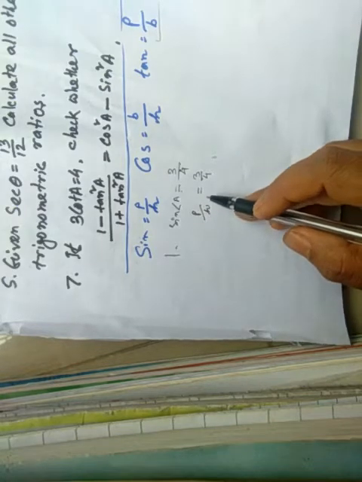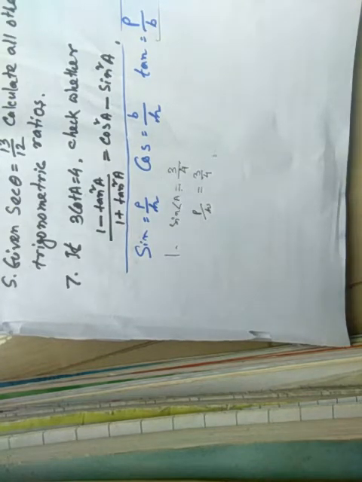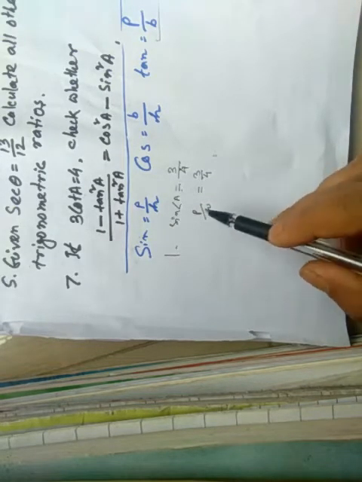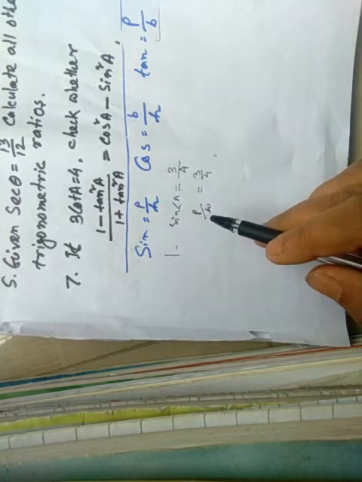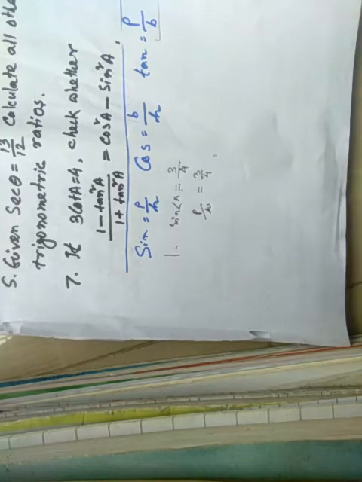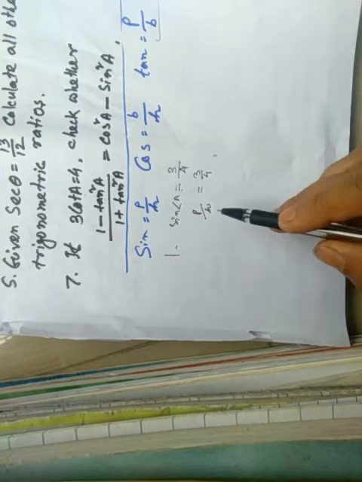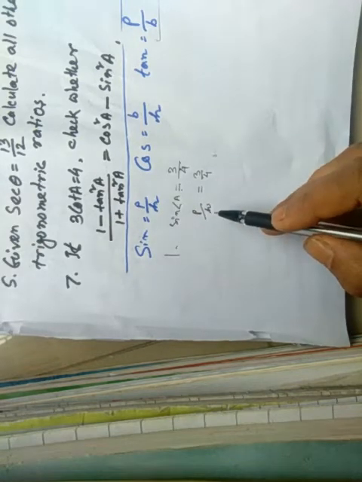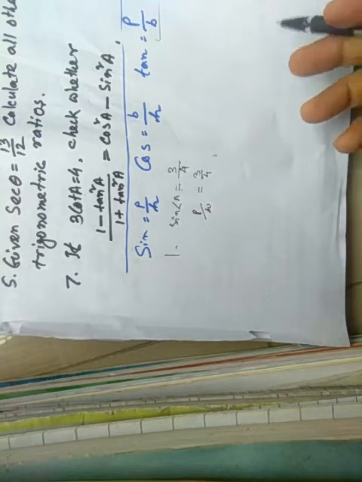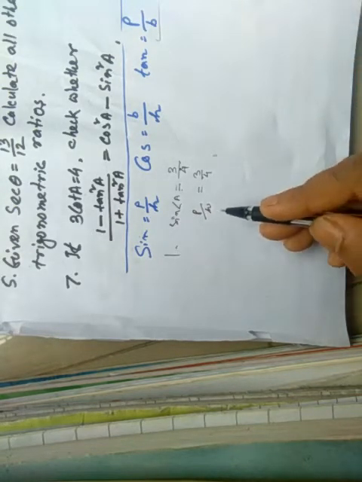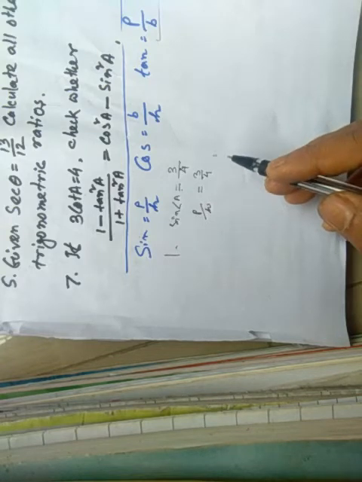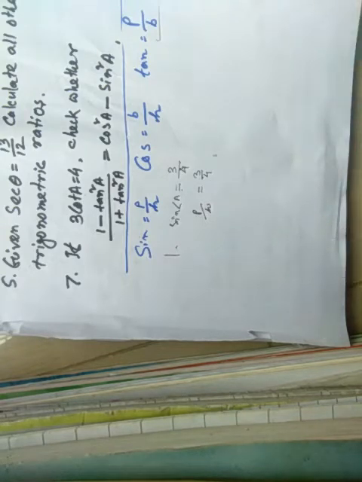From this ratio p by h equals 3/4, can we get the length of the perpendicular line or hypotenuse directly? Most children take p equals 3 units and the length of hypotenuse equals 4 units, but it is not completely true.